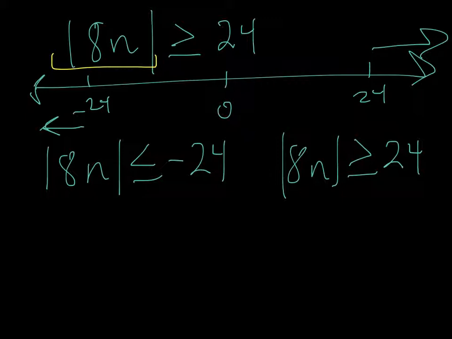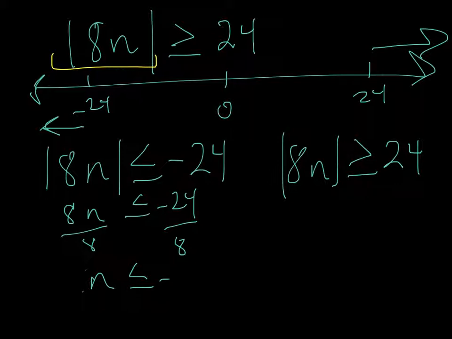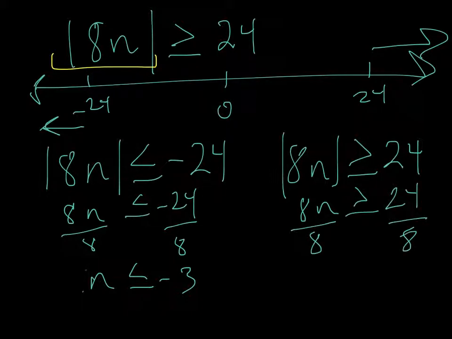Okay? And then we solve these. So we get 8n is less than or equal to negative 24. Divide by 8, divide by 8. n is less than or equal to negative 3. Or over here we have 8n is greater than or equal to 24. Divide by 8, divide by 8. n is greater than or equal to positive 3.